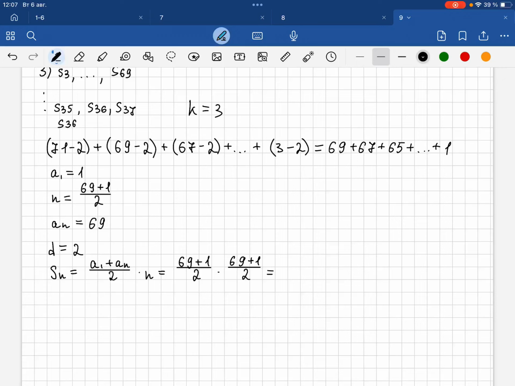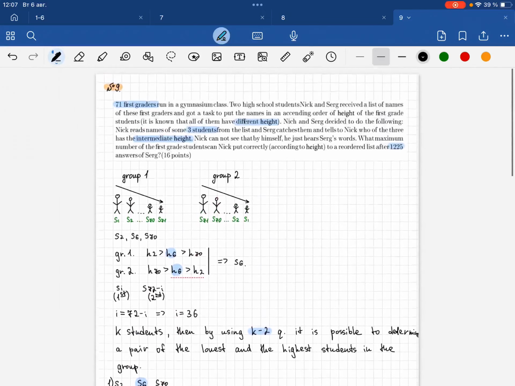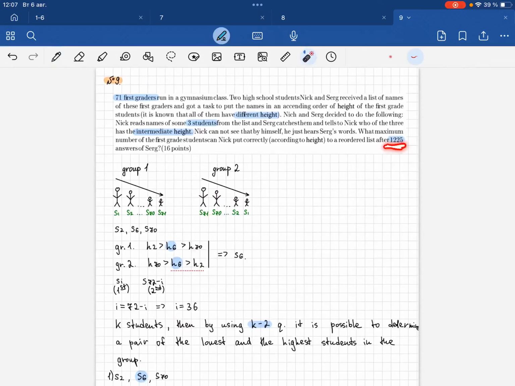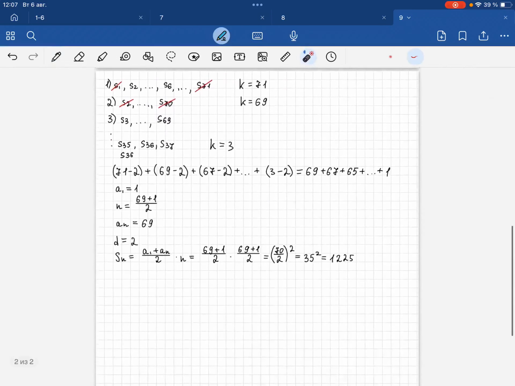So it's 70 divided by 2 squared, which gives us 35 squared, and this is equal to 1225. Yeah, and once again, this is the number of questions we are given in the task. You can see it right here.